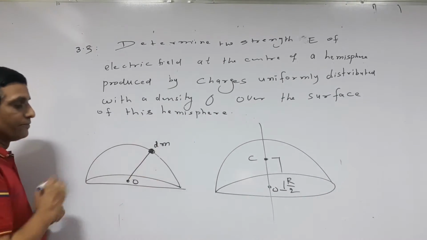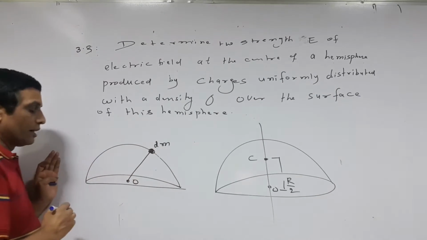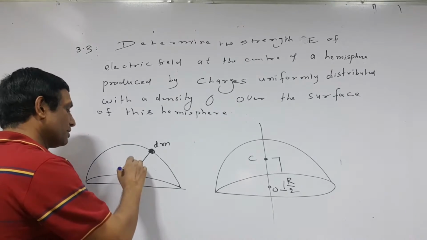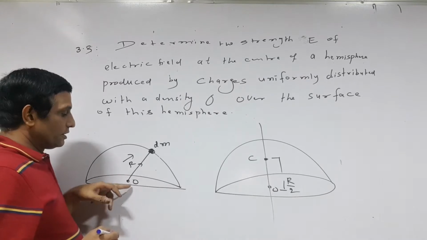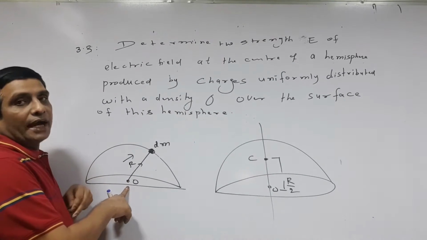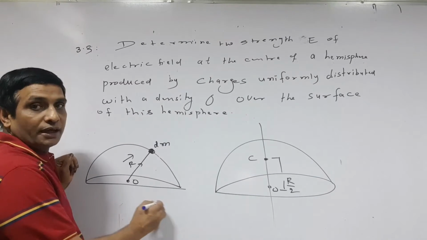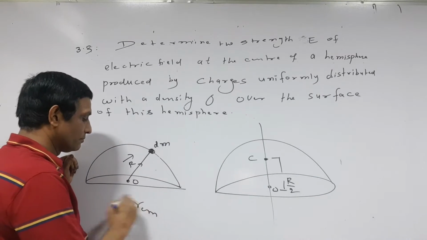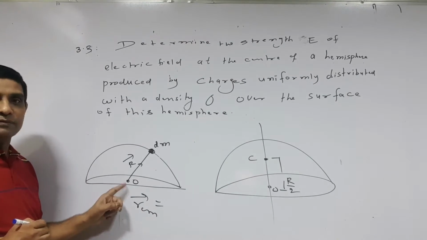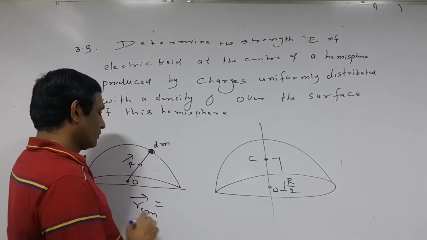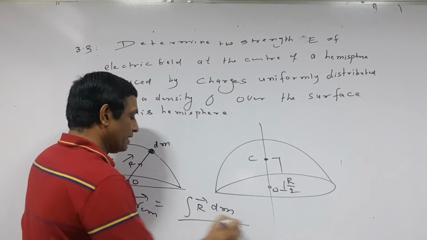So, for finding the center of mass of the whole hemisphere, here this will be vector r, for which the origin is at O. If you write the basic equation, then R_CM, the position of center of mass with respect to O, is equal to integration r dm by integration dm.